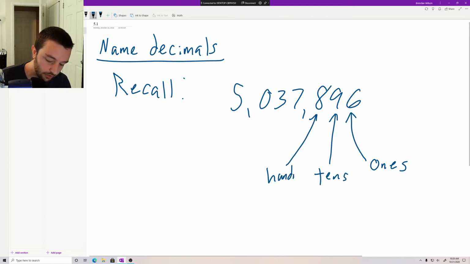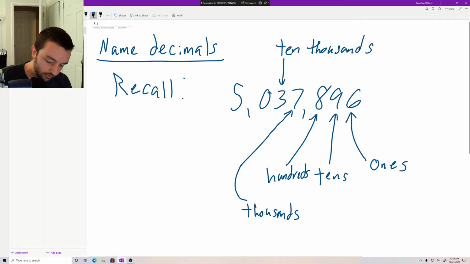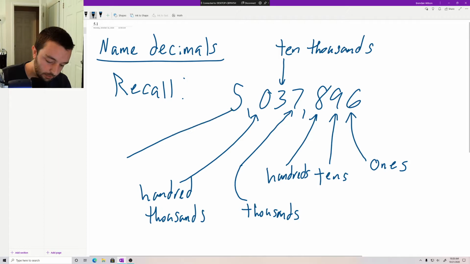This number was the hundreds place. This number was the thousands place. Okay. This number was the 10,000s place. Then we have the 100,000s place. And finally, this one was the millions place.